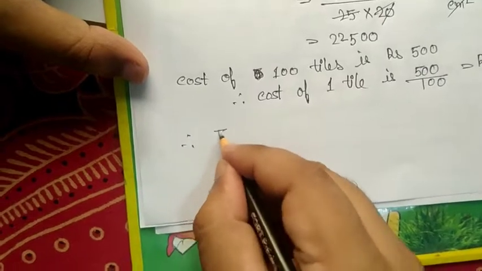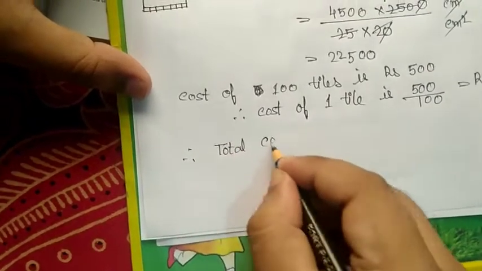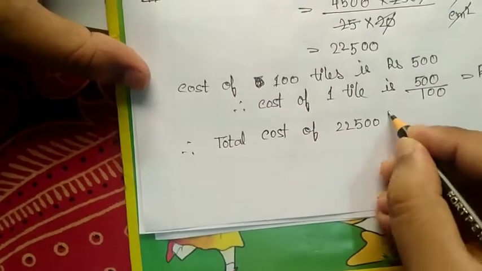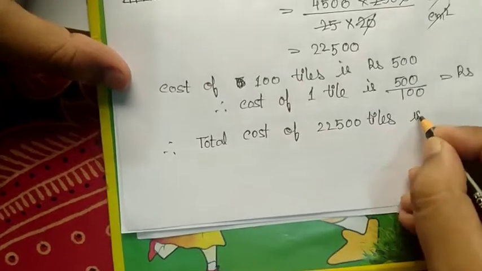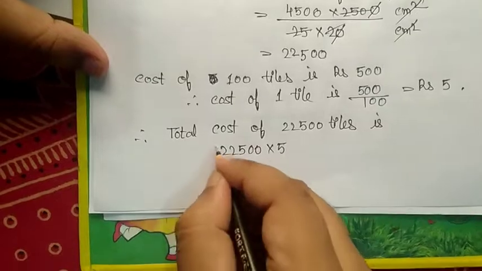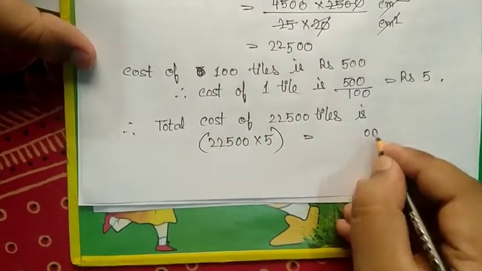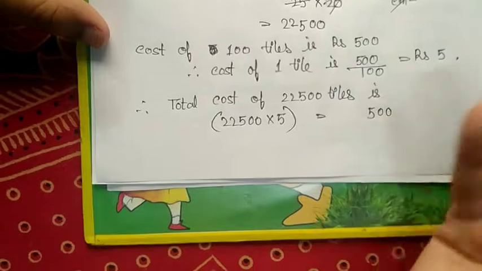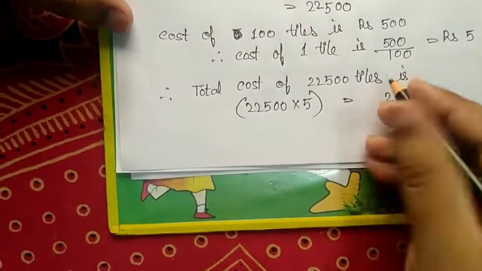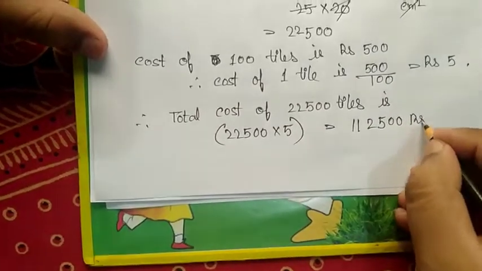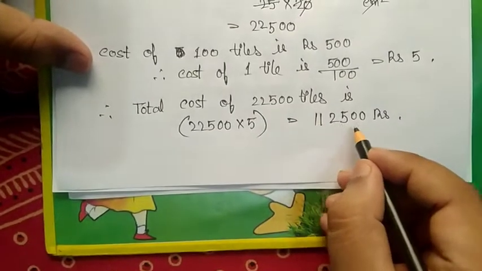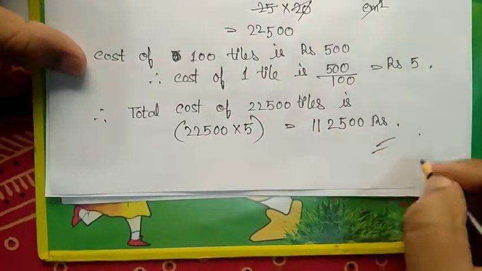So therefore total cost of 22500 tiles is 22500 into 5. So the answer is 112500 rupees. Very important sum it is also.